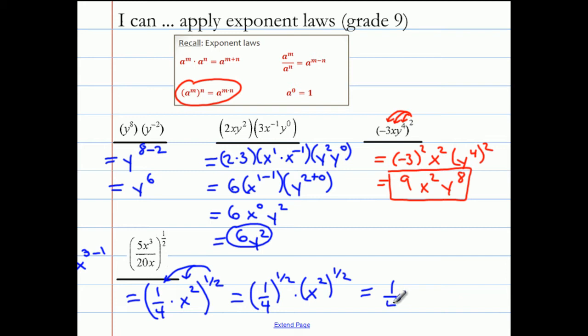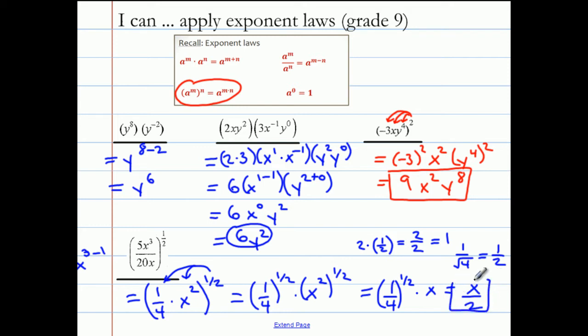So 1/4 to the 1/2 times, and then 2 times 1/2 is the same as 2 divided by 2, which is just 1. So x to the 1. And further along we'll see that 1/4 to the 1/2 is the same as 1 over square root 4, which is the same as 1 over 2. So we can write this as x over 2. So that's the final answer for this last example.